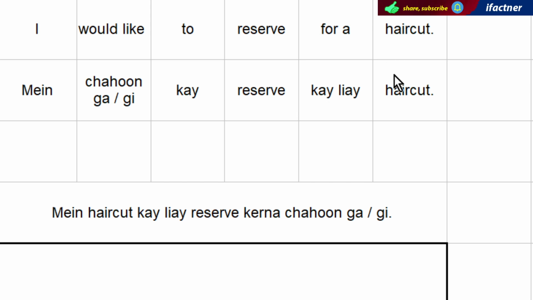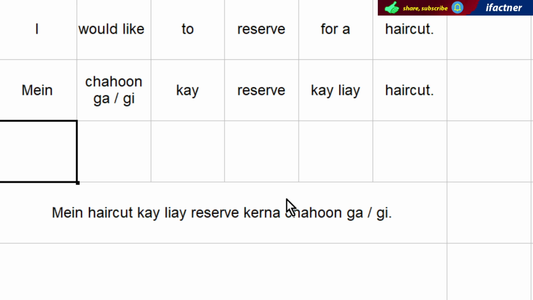Haircut is haircut और बाल कटवाने. Now let's see how do we translate I would like to reserve for a haircut. In Urdu we will say मैं haircut के लिए रिजर्व करना चाहूँगा, and मैं haircut के लिए रिजर्व करना चाहूँगी for female.